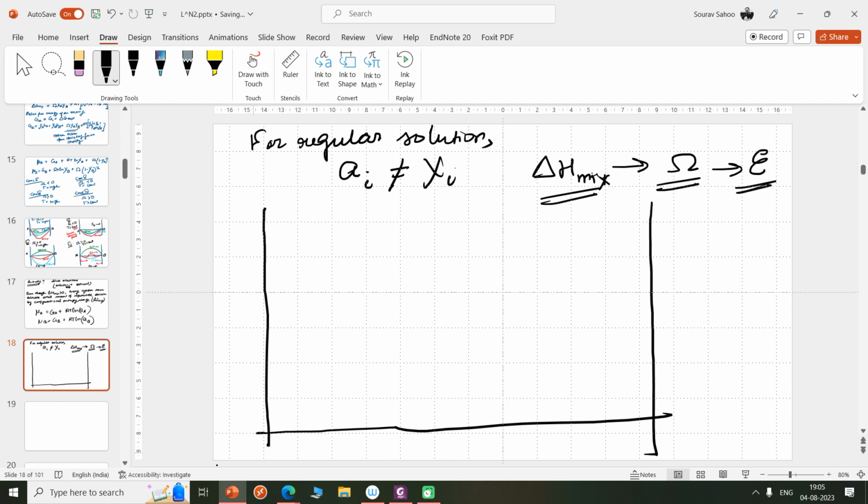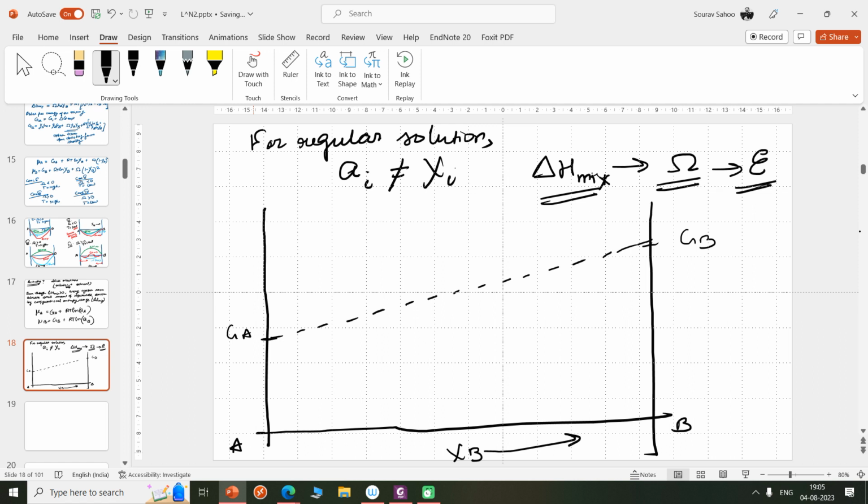Right. A, B, carbon. So this is Ga, this is Ga, the rule of mixture.